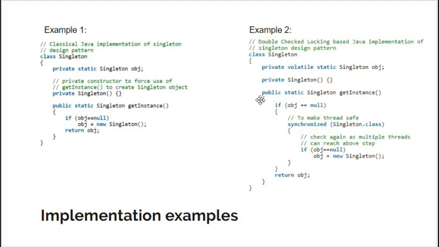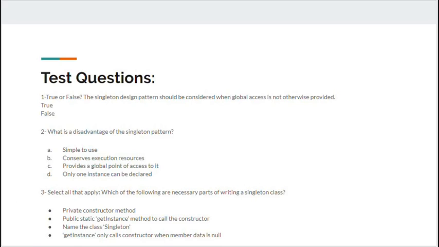Now they're both named singleton, but that's only for the purpose of the examples. So of course, this would be the option that you would not be checking on this question.